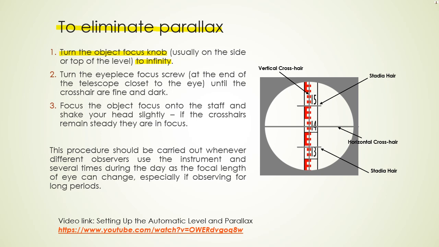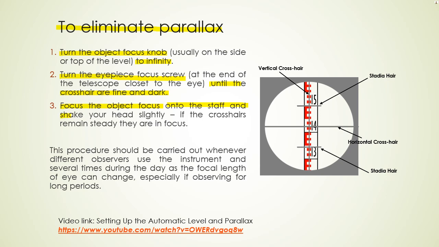So then we will need to change the focus. We turn the eyepiece focus screw until the crosshair are fine and dark. And then we refocus the object focus until we can see the staff clearly.